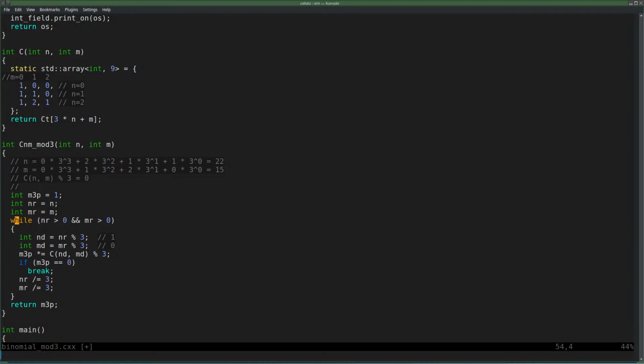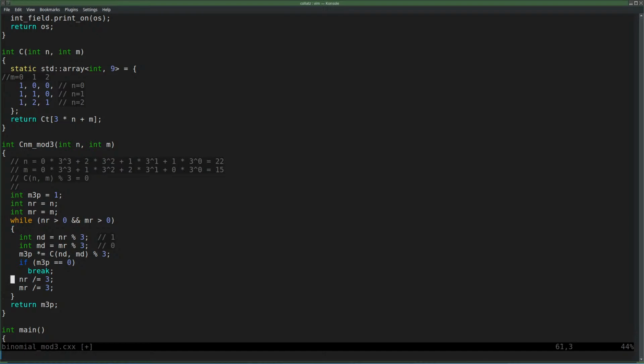Yeah, because if one of them is 0, then of course ND or MD becomes 0, which means that this C is 1, so the modulo 3 of that is 1, so we multiply by 1, so nothing changes, and then we divide by 3, so still one of us remains 0. The one that was 0 will remain 0, and the other one eventually will also become 0, and then they're both 0.